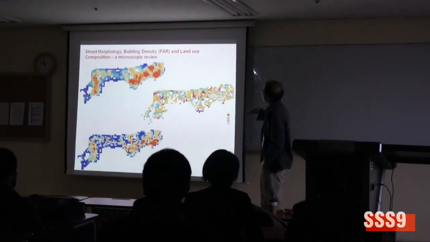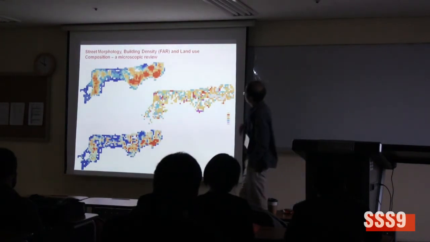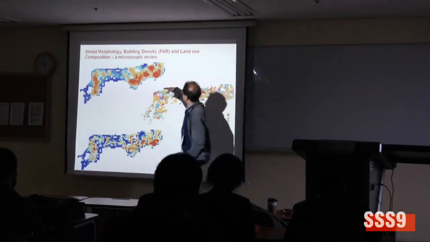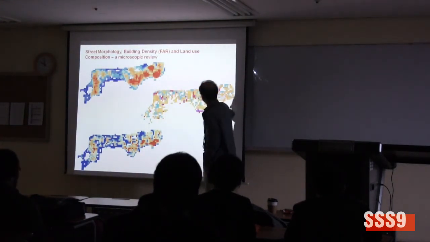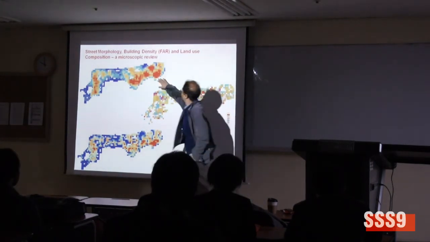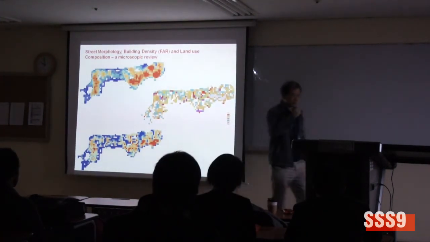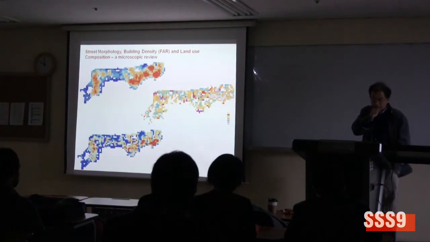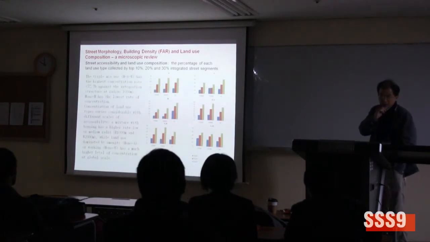And then we move to the micro level to compare the relationship between FAR and land use composition. This is the spatial integration and land use composition, and FAR at the bottom.